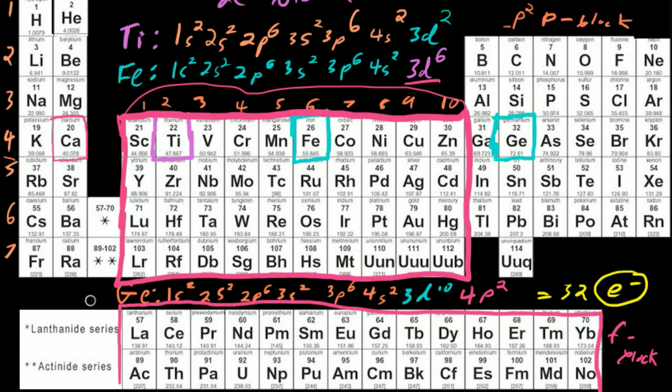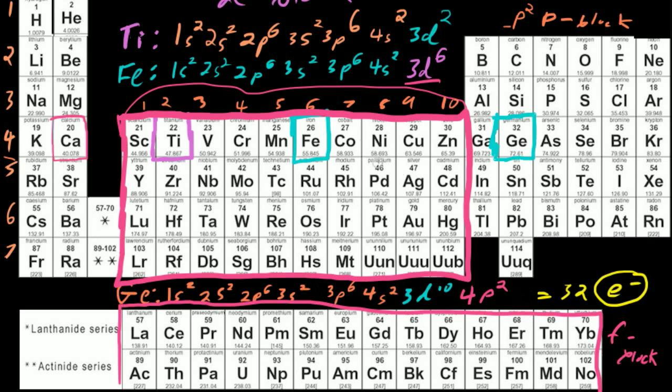We can try to set up a rule, but lots of these elements down here in the F block don't completely adhere to the rule of where the electrons go in the orbitals. And maybe I'll do a video in the future to give you a little bit of an intuition about why that is. Probably I'll do that towards the end of the playlist, whenever I get to it.